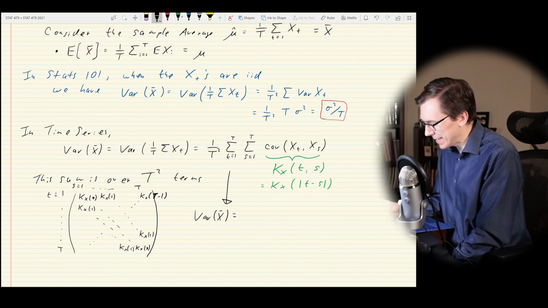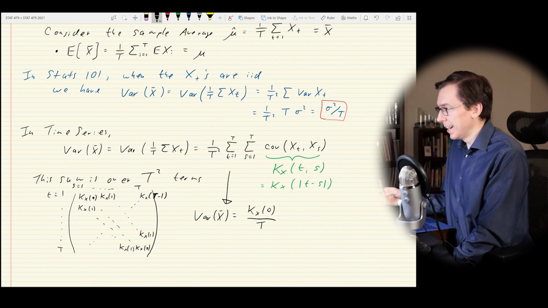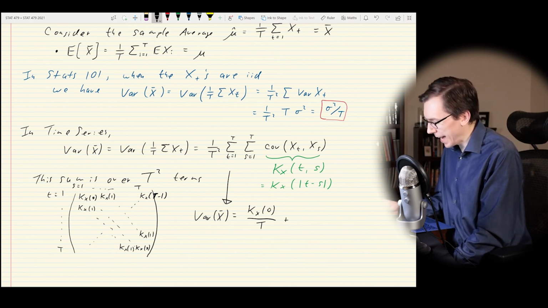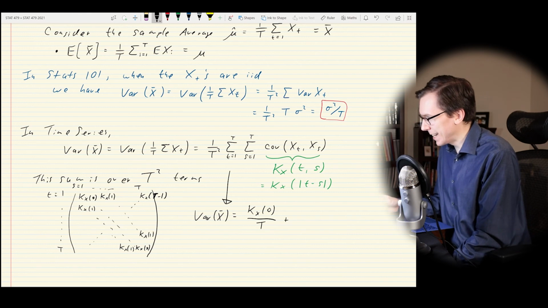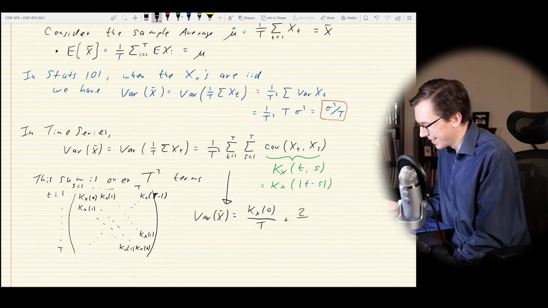So when we divide by T squared, we end up with Kx0 divided by T. All right, but we're not done yet because we have all these other terms. I'll just write down the answer and then we'll look at it.